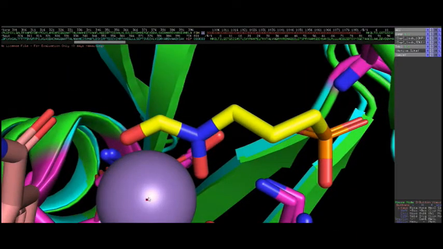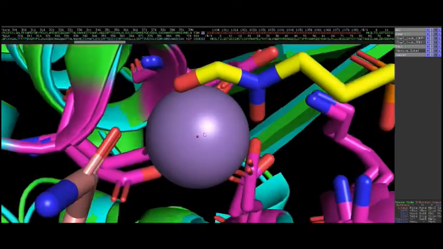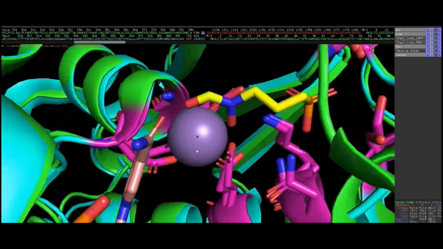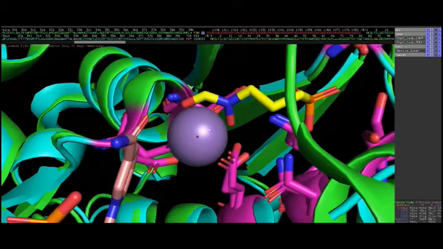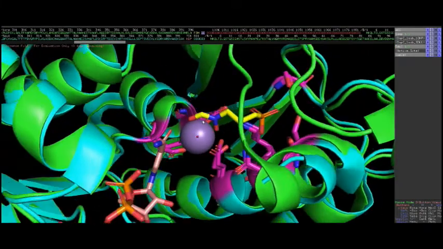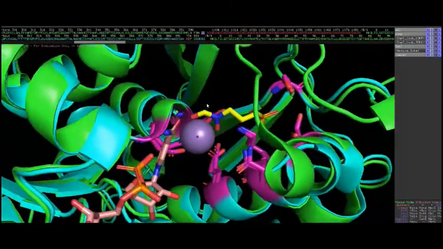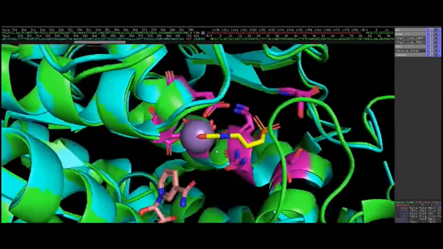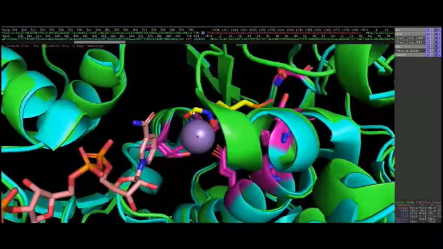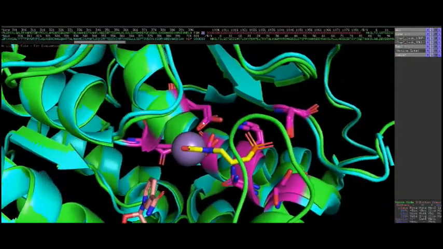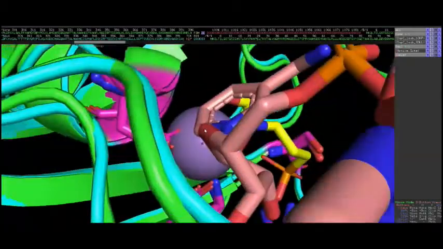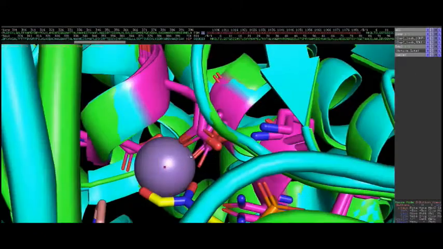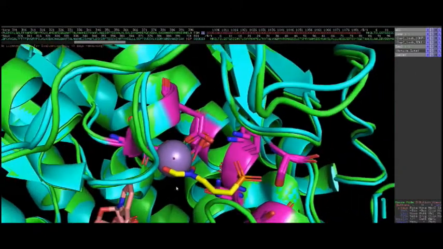But we can see that it's still coordinating with this manganese ion, the big sort of, I don't know, purple sphere there. That's the manganese ion. We can see the manganese ion is held in here by things like this glutamate here.